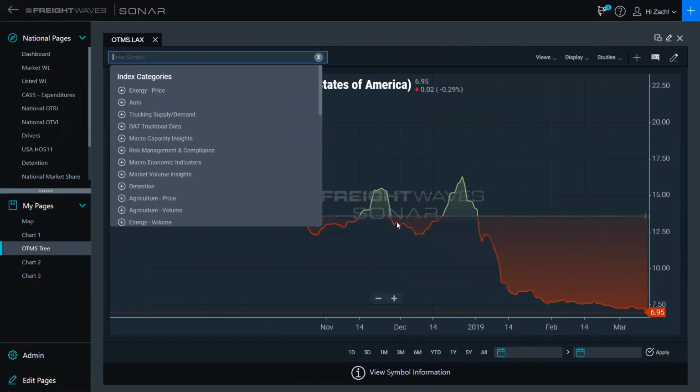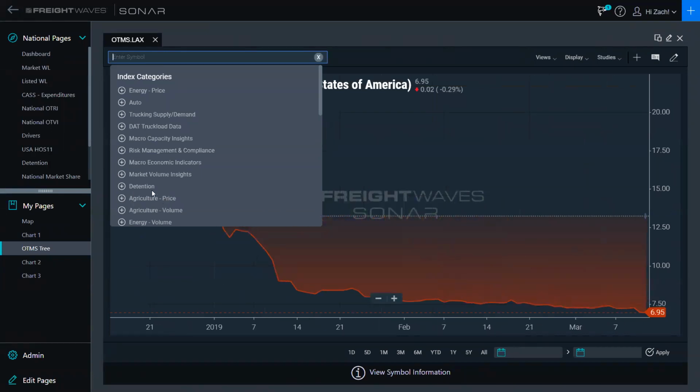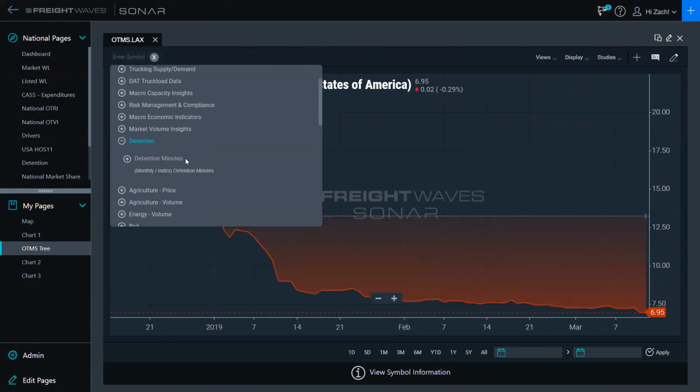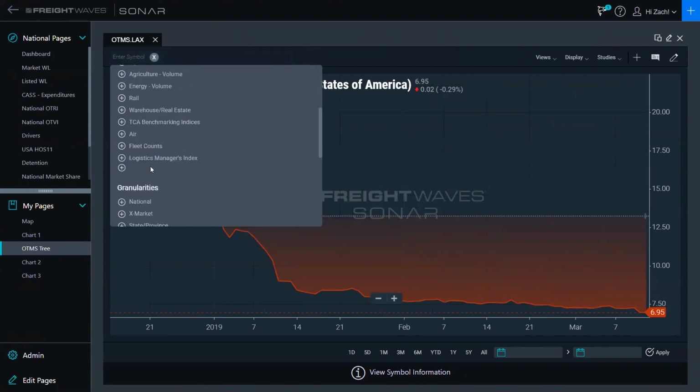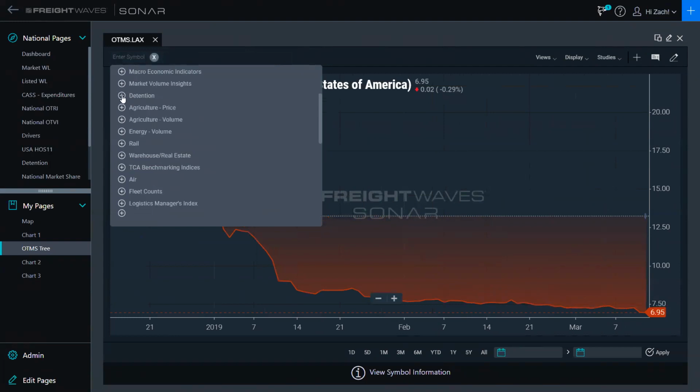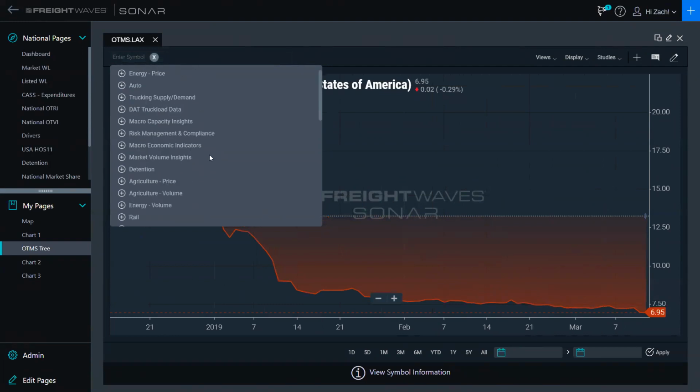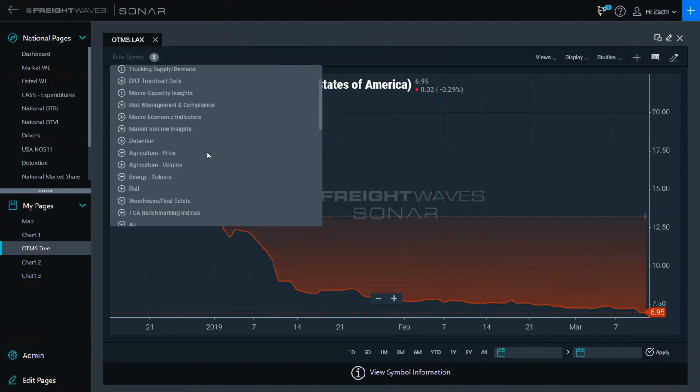So to highlight a few other indices that we've put in here over the last week, a quick recap. We added detention minutes, or not detention, I mean the wait times, as well as some new mileage information. I can locate that in here.